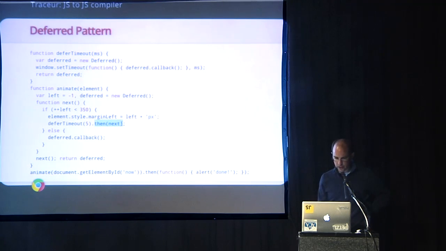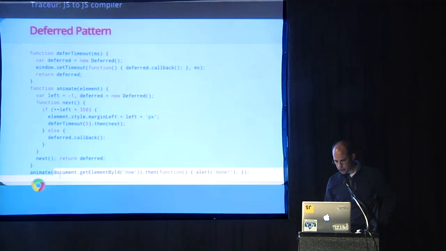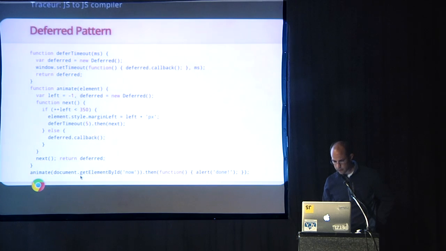At the same time, this animate function also returns a deferred, and when it's done, it signals its deferred that it's done. So the caller of animate now doesn't pass in the callback. It just adds its continuation onto the return value of the animate function.